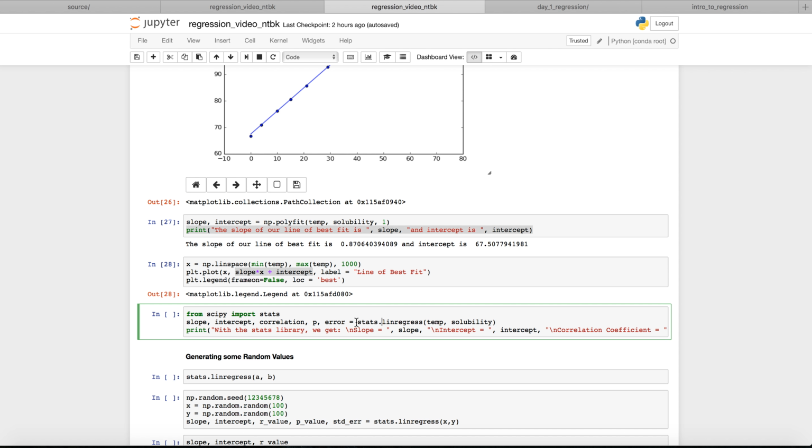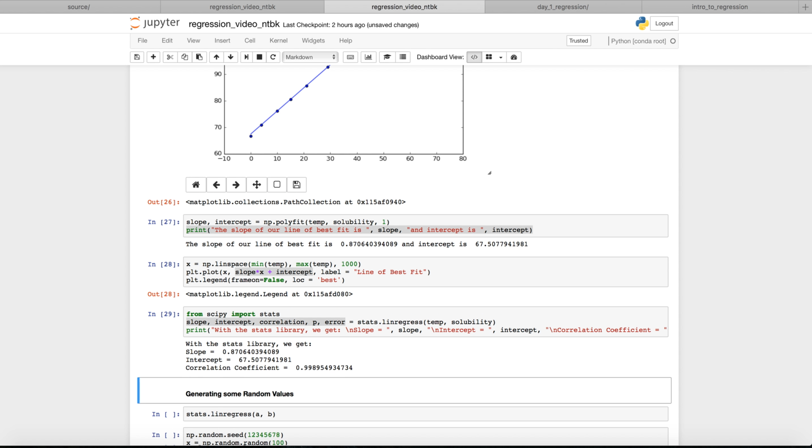And then I want to use the stats.linregress tool, and I just pass the temperature and solubility in as before. But now, instead of just slope and intercept, I have these added three values, the correlation, the p-value, and the standard error. If I print these out, I end up with something similar.